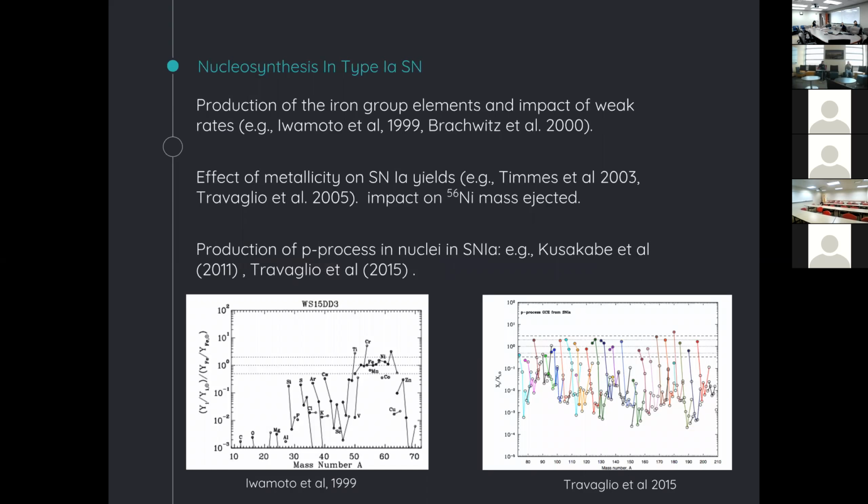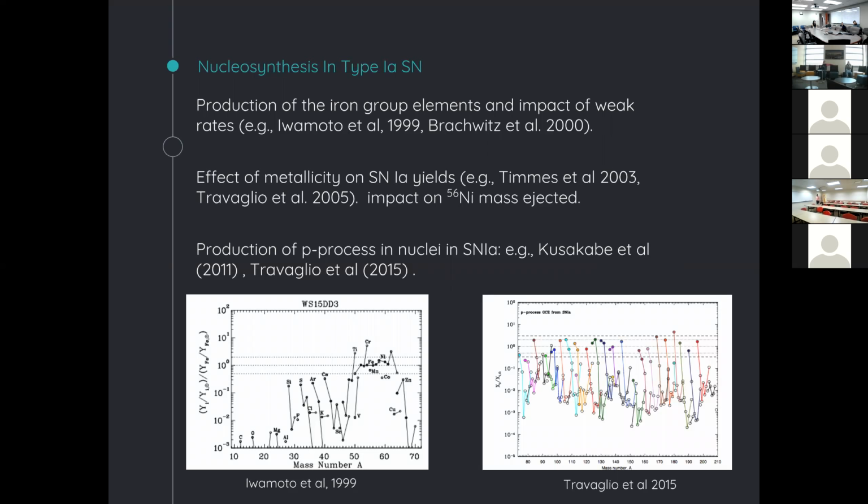Production of the iron group elements by type 1a supernova has been investigated thoroughly over a long period of time. It's very important for JINA-CEE models. There are a whole slew of effects that can impact the yields that you get. For instance, metallicity is one that is often investigated.